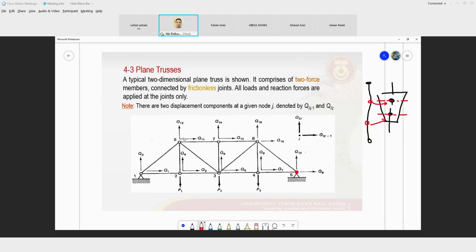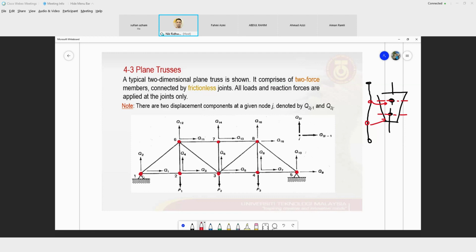So semua load yang kita akan solve nanti untuk plane trusses hanya akan dikenakan pada nodal point ataupun pada joint sahaja. So these are the joints, which we then take as our nodal points. So in this case, we have 8 joints, which is equivalent to 8 nodal points.